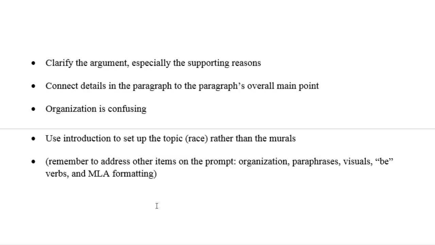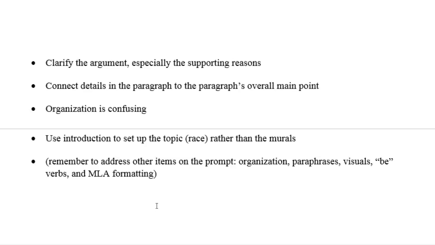Think about what message the murals are trying to get across, and how they get that message about race across. It might be setting, it might be actions, but clarify what those supporting reasons are, because right now the setting is just not working.